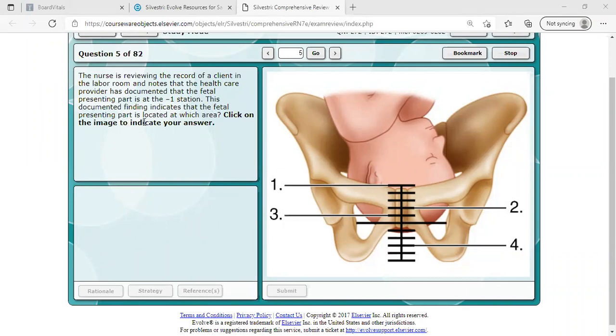The documented findings indicate that the fetal presenting part is located at what area? Click the image to indicate your answer. Before answering this question, I want to clear up a few key terminology.